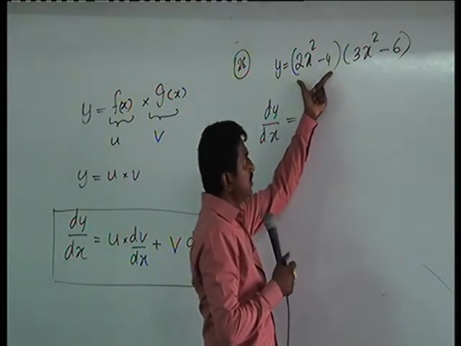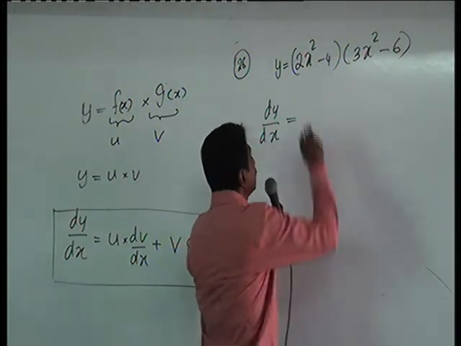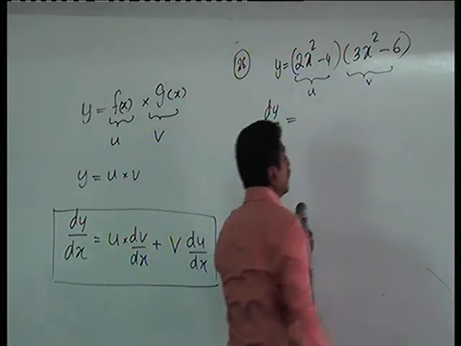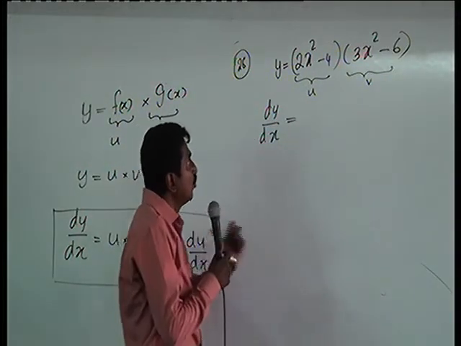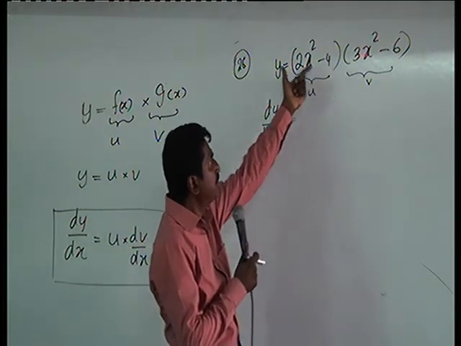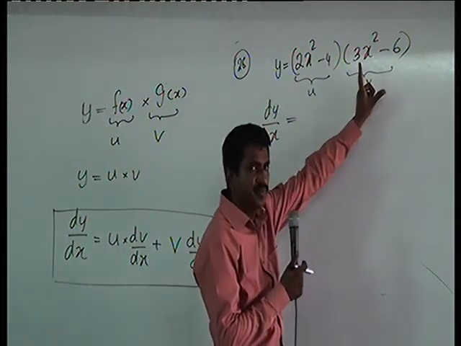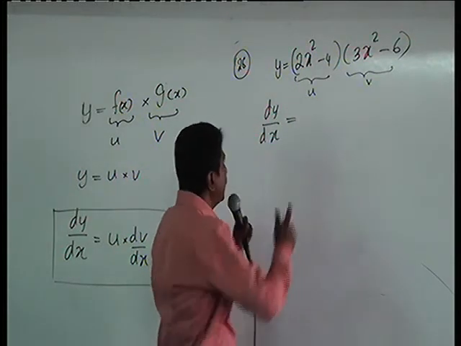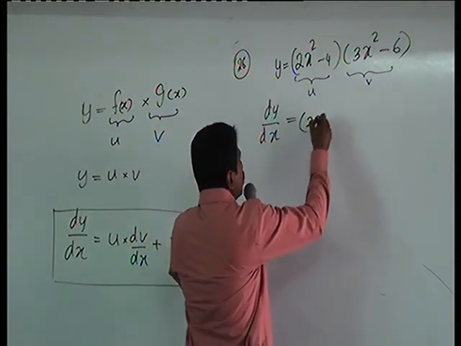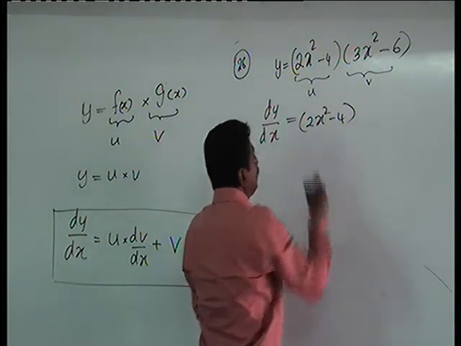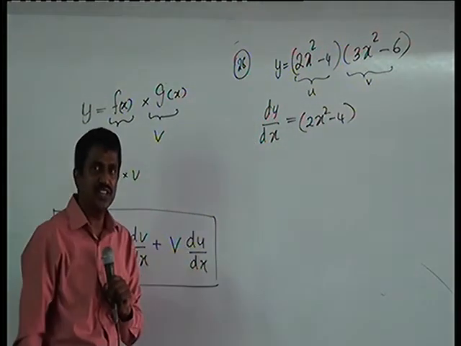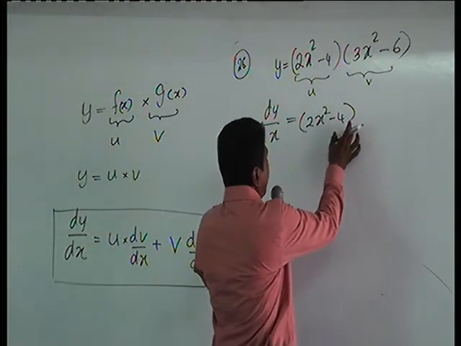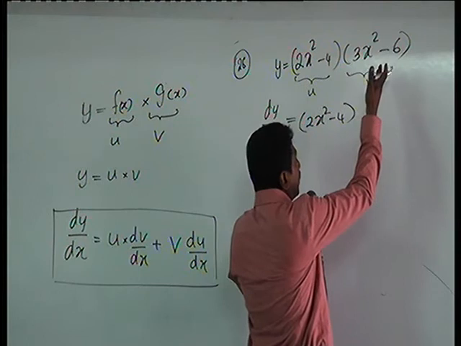What is the first function? Basically this is u and this is v. Look carefully. First function times differentiation of second function. So you write the first function as it is, don't do anything: 2x squared minus 4, times the differentiation of the second function.